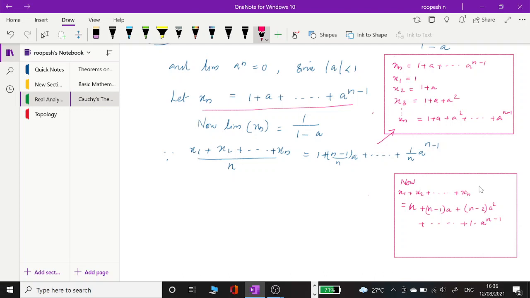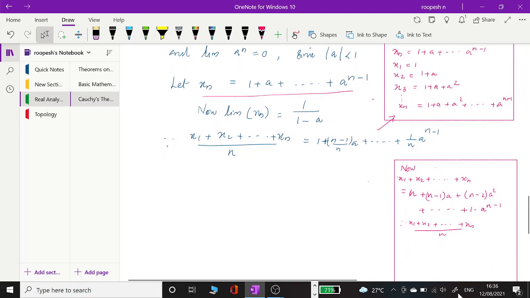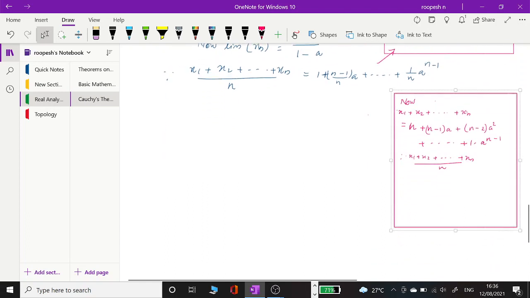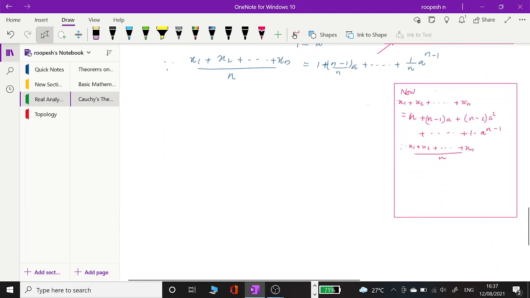Now, dividing this by n, what should x1 plus x2 plus etc plus xn whole divided by n be?